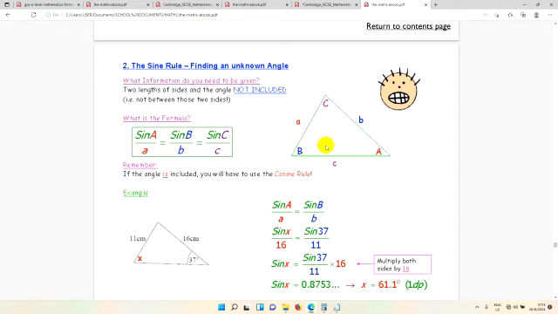I'm just going to go through another example of finding an unknown angle using sine. We have already talked about the formula.